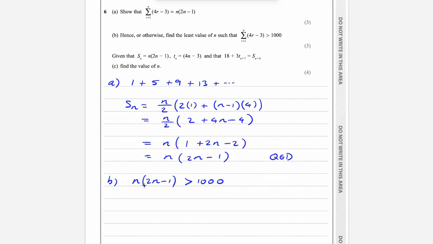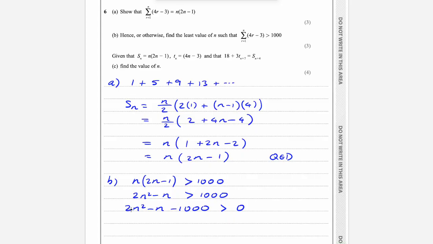This is 2n squared minus n. 2n squared minus n is greater than 1,000. And then 2n squared minus n minus 1,000 is greater than 0. Okay, then we need to solve this.